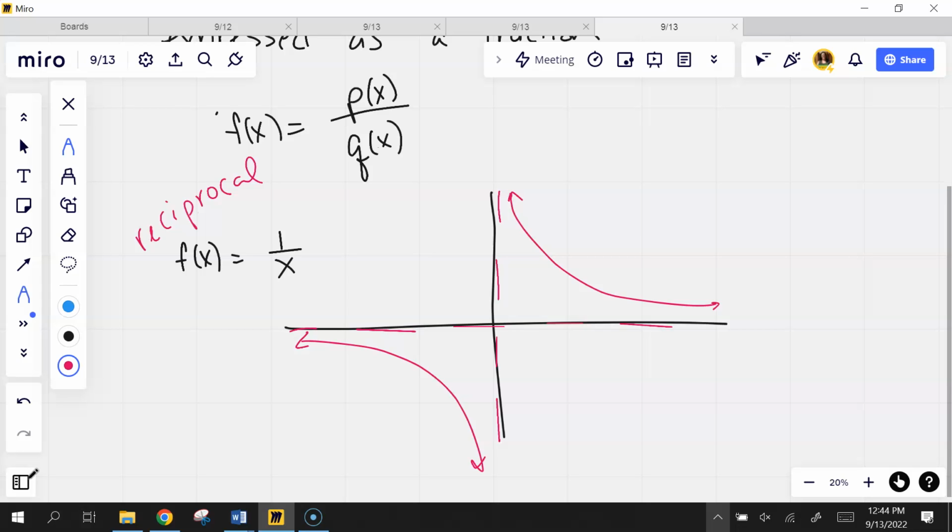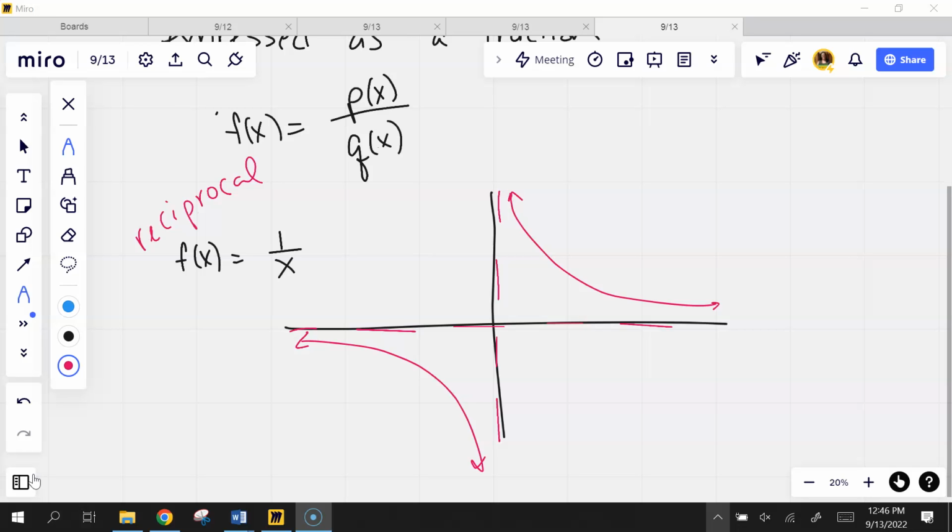Okay, so let's talk about how we're going to graph some of these. First of all, tell me what it means to be an asymptote. It bounds a part of the graph, right? It doesn't have to bound the whole graph.